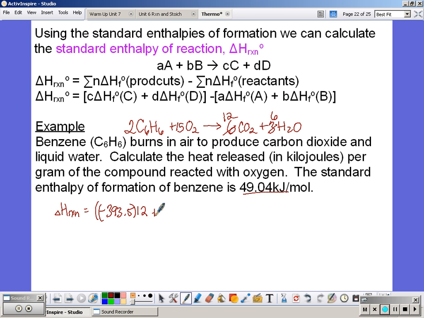Plus, we have 6 waters, and notice that it's specified that water is a liquid, because depending on what state it is, those values can change. And we have 6 of those, minus our reactants. So we have benzene, and we have 2 of those, plus we have 15 oxygen, but oxygen is going to be 0 because it's in its standard state.